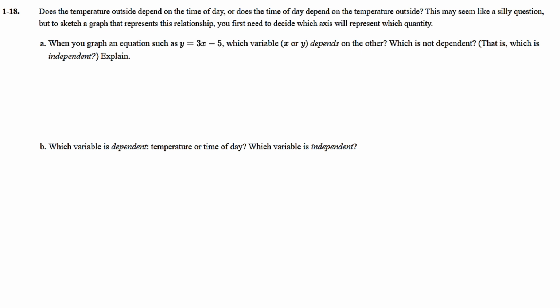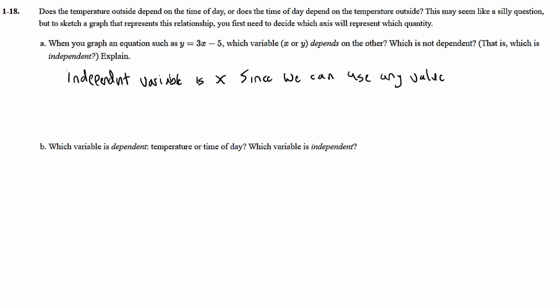So again, we talked about this the last lesson, that the y value is always dependent upon what we plug in for x. So the independent variable is x, since we can use any value to substitute for x.